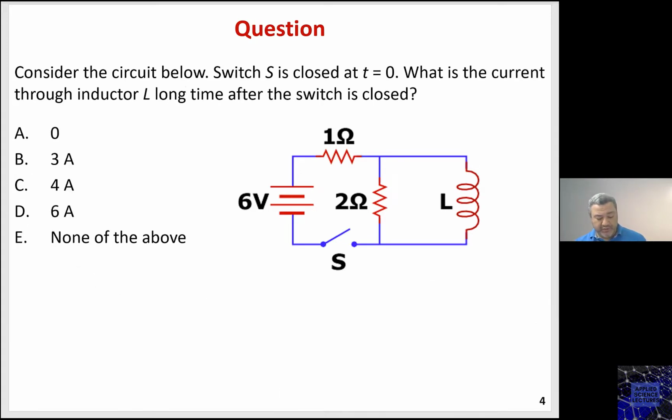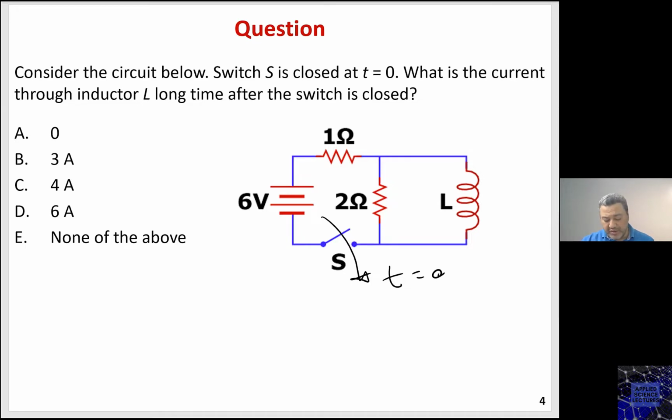Now let's move on to the next question. Here we consider the circuit below. Switch S is closed at t equals 0. What is the current through the inductor L a long time after the switch is closed? The words long time mean that I don't have a time dependent value anymore.